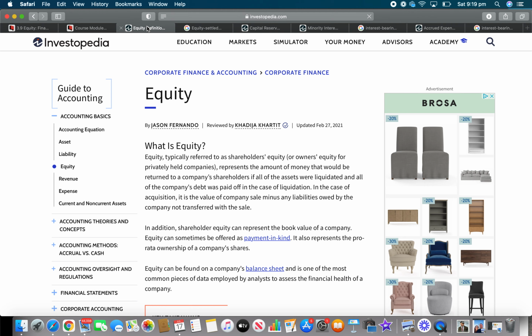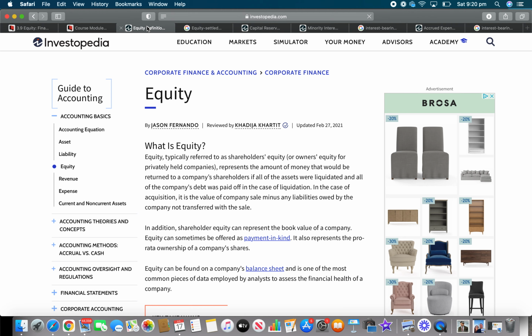Basically what it's saying is if we were to liquidate the company, and what that means is sell everything up, what would the shareholders, so the owners of that company, walk away with at the end of the day? So that is our assets portion minus our liabilities will equal our equity. That's just rearranging that accounting equation of assets equals liabilities plus equity.